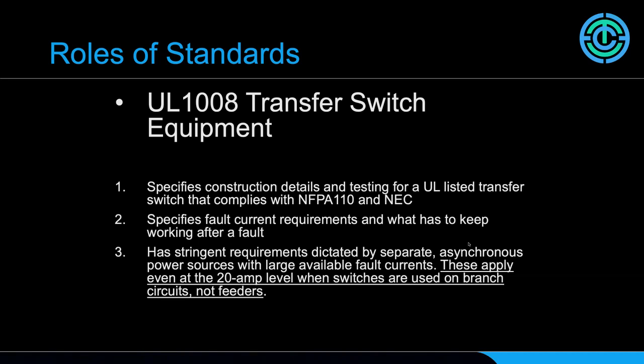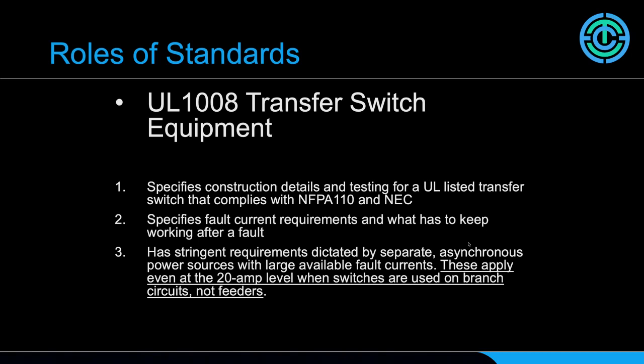So it's important that the devices that are listed at 1008 not only are able to protect themselves during a fault, but they continue to run if there are any downstream faults that happen. UL 1008 also has very stringent requirements dictated by separate asynchronous power sources.